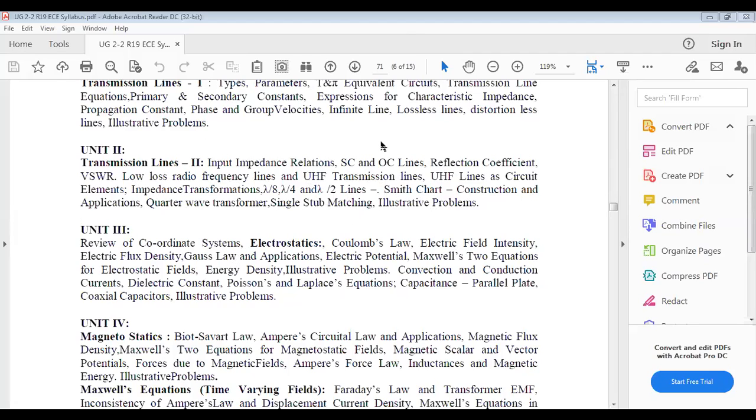Electromagnetic waves. Remember, just like transmission lines part 1 and part 2, the entire electromagnetic waves concept is organized into 3 parts here.